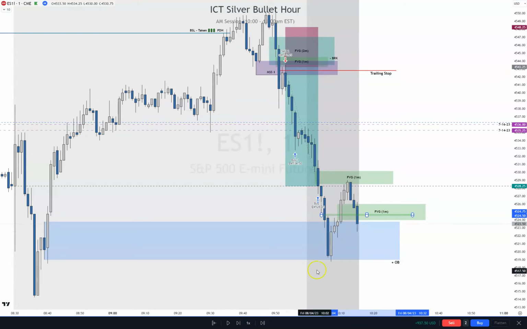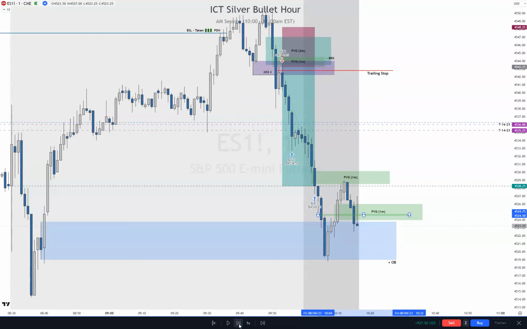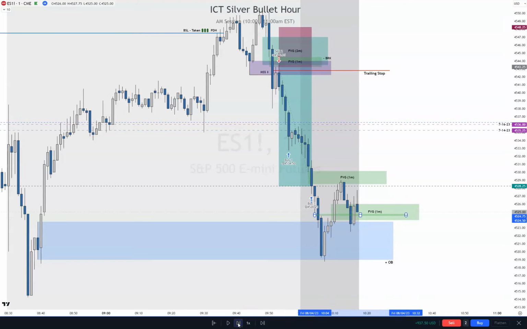Okay, but we're still on that order block, so I'm watching. So it can close below, and now it's back up in, so still waiting to see what's going on. I got a bullish volume imbalance right there.